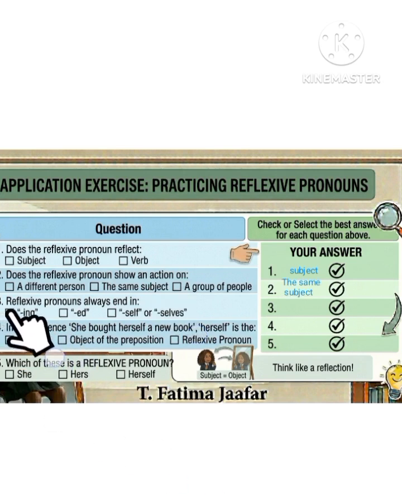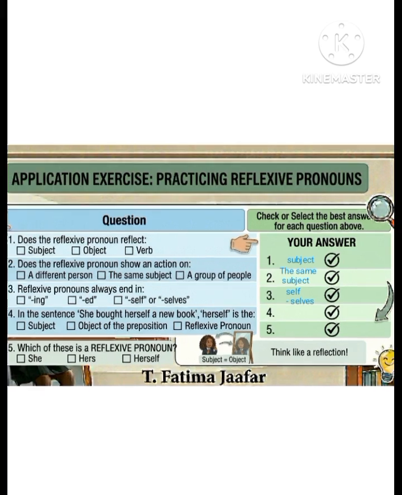Number three, reflexive pronouns always end in ing, ed, or self or selves. Yes, the reflexive pronouns always end in self or selves. Number four, in the sentence, she bought herself a new book, herself is the subject, object of preposition, or reflexive pronoun?